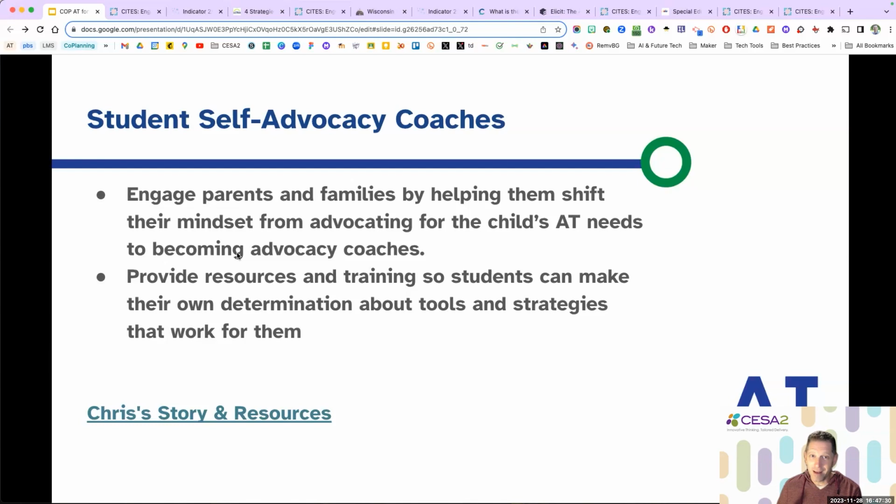Sometimes students feel pressured by their parents. If they see their parents advocating, they may take that on and say, maybe I should use this because it's what my parents really want me to use. I don't know if anyone sees any of that happening.